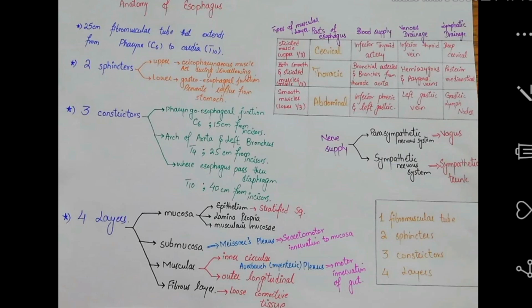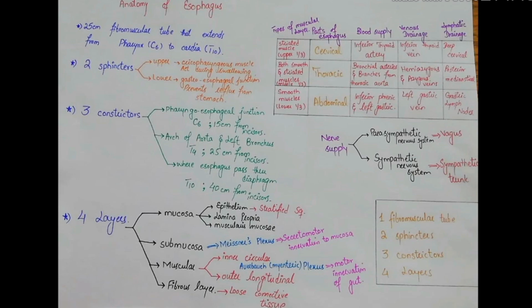Now, talking about blood supply, venous drainage, and lymphatic drainage. For these purposes, there is a division of the esophagus into three parts, which helps us to remember each blood supply, venous drainage, and lymphatic drainage in a much more memorable way. Now, the cervical part of the esophagus is supplied by the inferior thyroid artery and inferior thyroid vein.